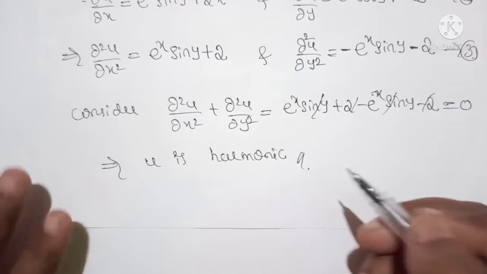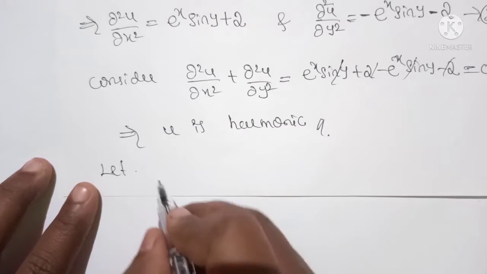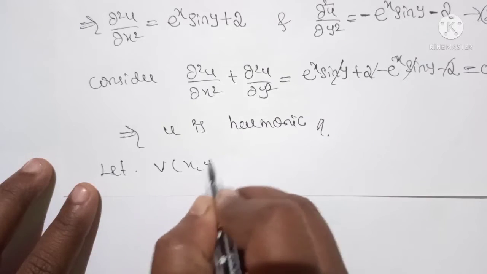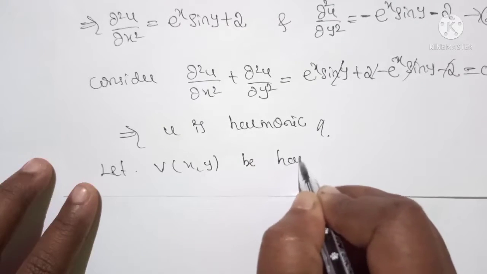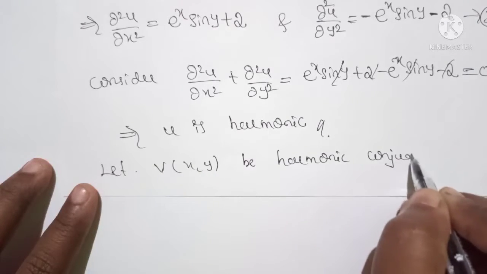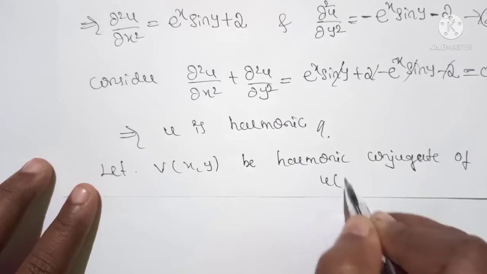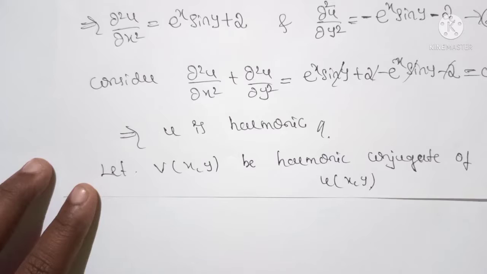Okay, now we have to find v, that is, let v of x comma y be the harmonic conjugate of u of x comma y.